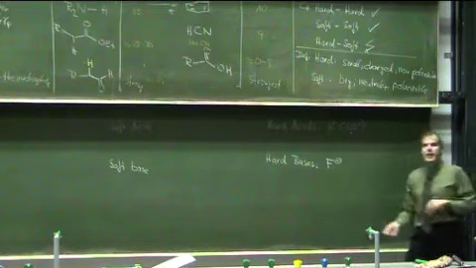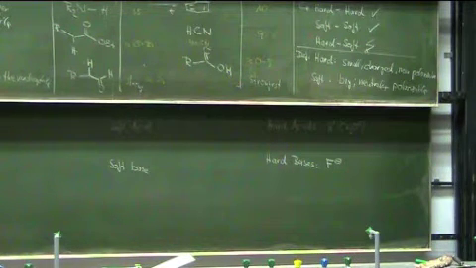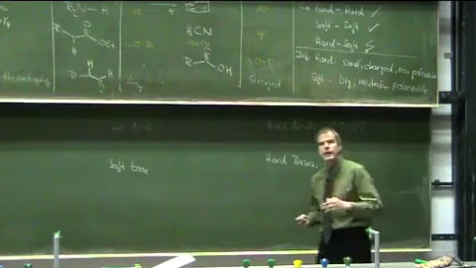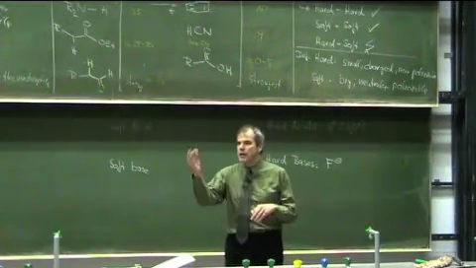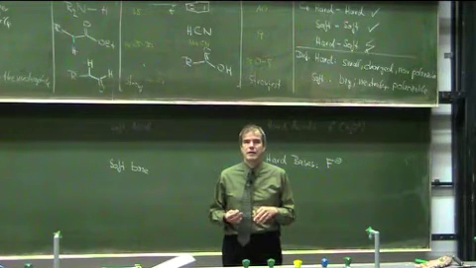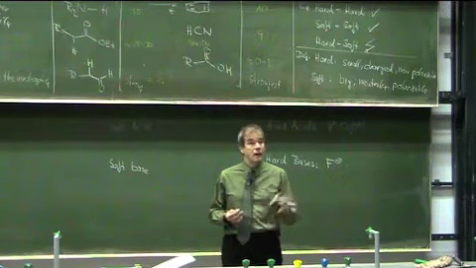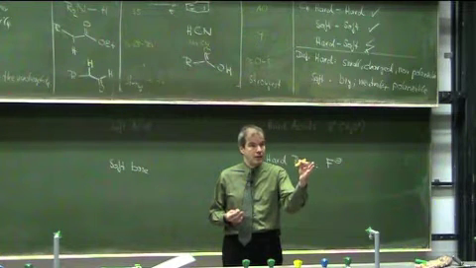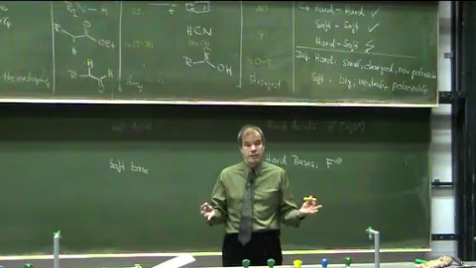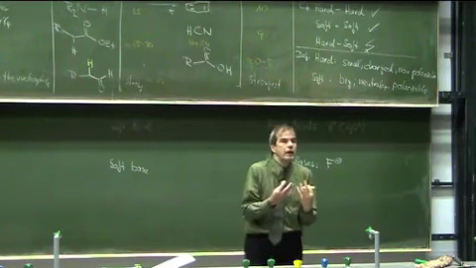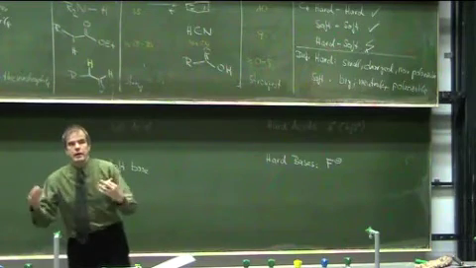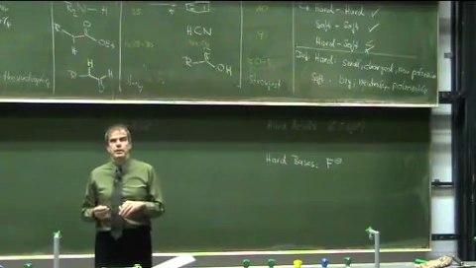Let's stick with the halides. How do you think this will change? You go from fluoride to chloride to bromide to iodide. Which direction will this go? Will it become harder or softer? Softer. Why is this? It becomes bigger all the time. Iodide is much less electronegative. It's very big and can easily be polarized.